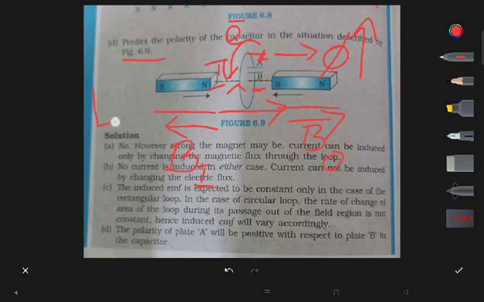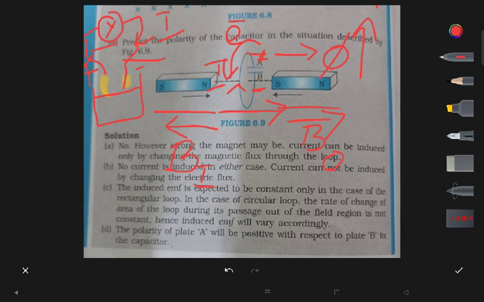So there is some additional information. Say it is a battery. This is the positive terminal, this is the negative terminal. When a bulb or any apparatus is connected to the external terminals of the battery, the current flows from positive to negative. But here the current flows from negative to positive.